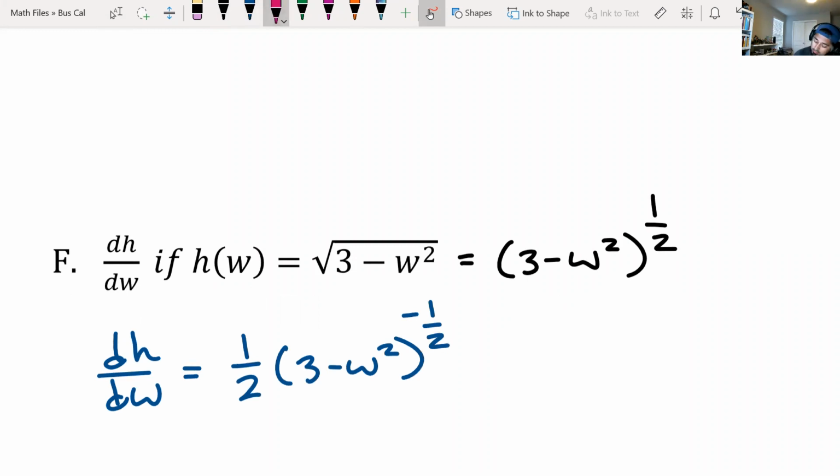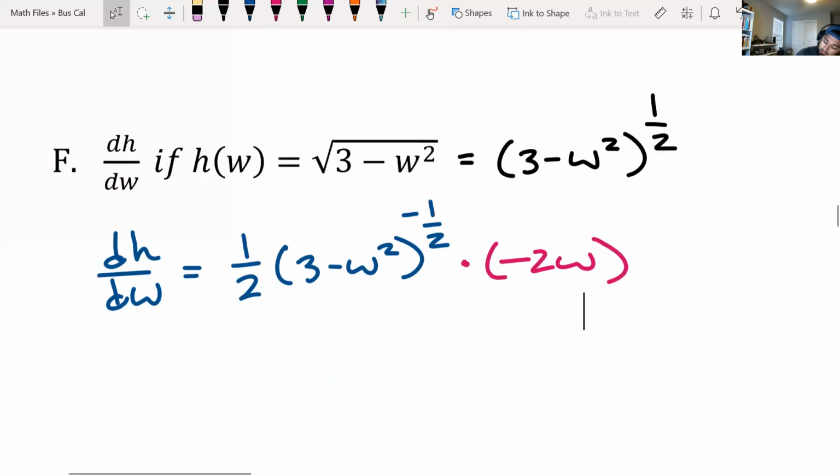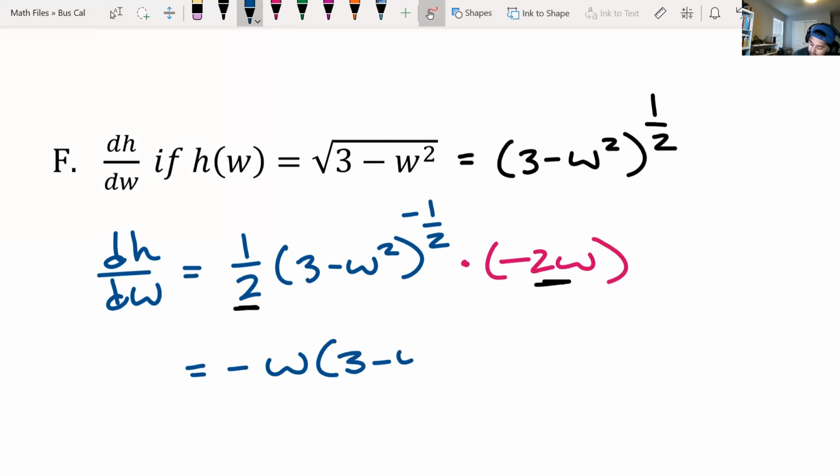And then we multiply it. And what is the derivative of the inside? It'd be negative 2w. There you go. Then 1/2 times negative 2: negative w times 3 minus w squared to the negative 1/2.